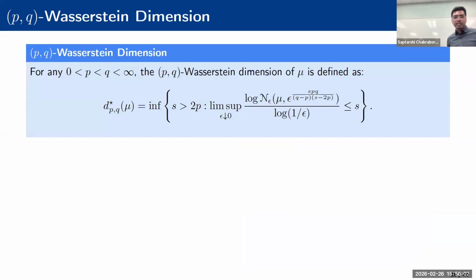So we define this PQ Wasserstein dimension. It's defined in a very weird way, but the main idea is that we want to understand the behavior of this log covering number as epsilon varies like this. This exponent is required in two settings. One is that we will only assume a qth moment.